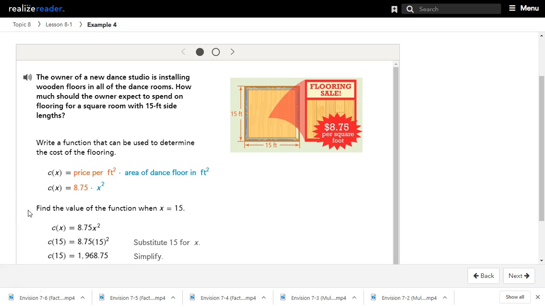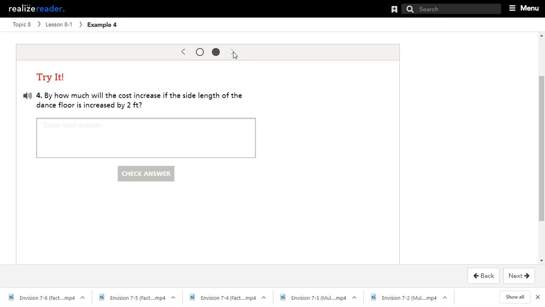Awesome. All right. Same thing. It says, by how much will the cost increase if the side length of the dance floor is increased by 2 feet? Well, we hold on to what we had in part A, but now we're going to do it again, but instead of being 15 feet, it's what? 17 feet.